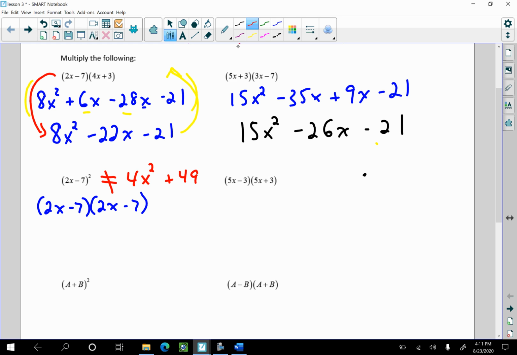And now I'm going to multiply this. First terms 4x squared, outside terms negative 14x, inside terms negative 14x, last terms positive 49. Simplifying like terms, this is going to be 4x squared minus 28x plus 49.